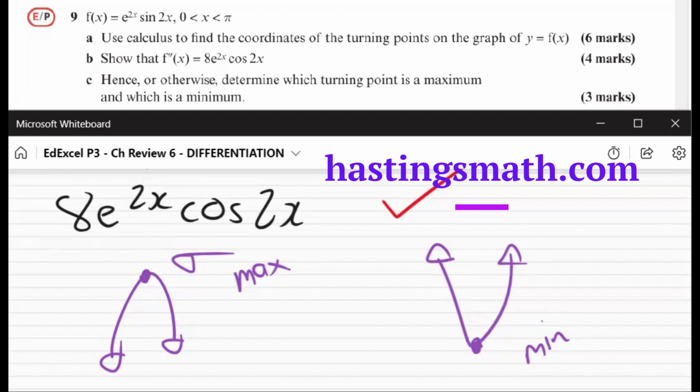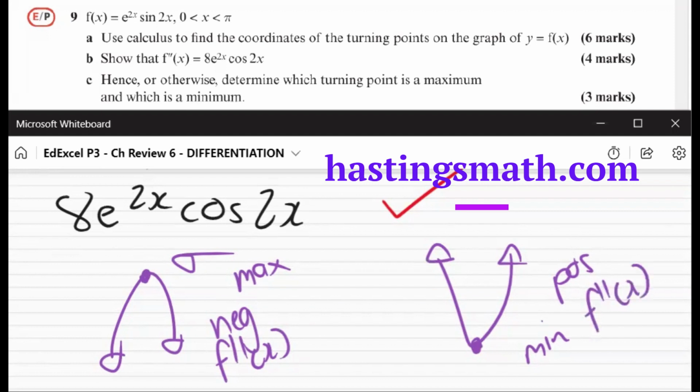So because this is a frowny face, it's going to be negative, so our second derivative is going to be negative. And because this is a smiley face, it's going to be positive, so our second derivative will be positive.